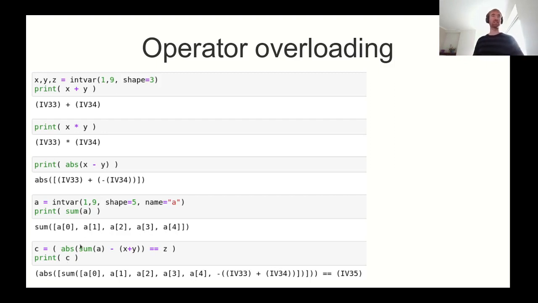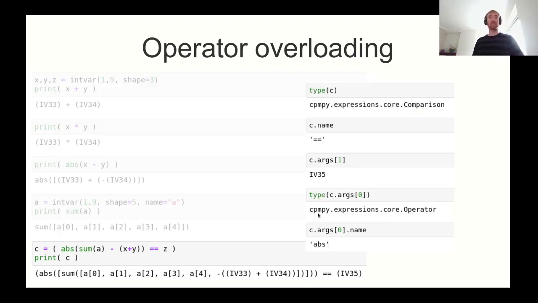So here's a more complex example. You just write some arbitrary expression using Python's built-in operators, and this automatically gets translated into a valid expression over decision variables. So let's have a closer look at it. What happens actually when you write this? If you look at c itself, then we see that c is an expression of the type comparison, namely a comparison of type equals.